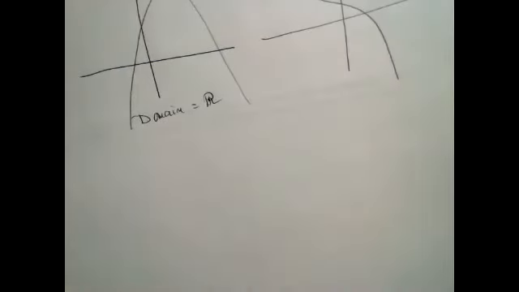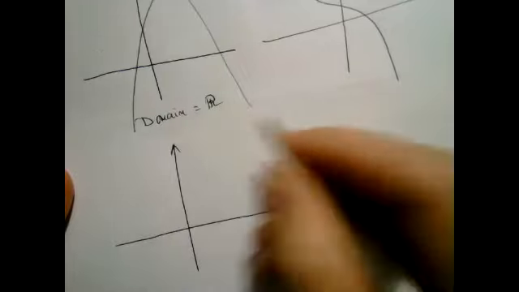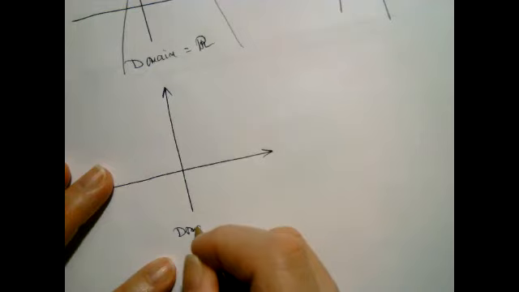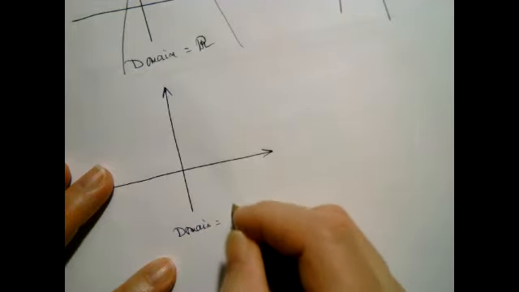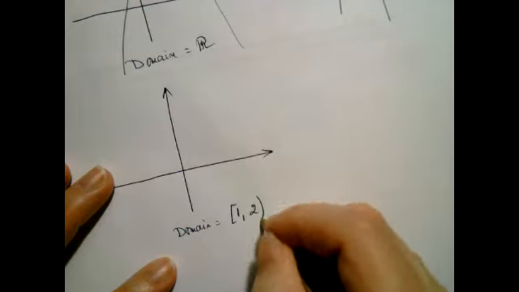Now, suppose I ask you the following question. Suppose I want the domain not to be all the numbers. Suppose I want the domain to be closed at 1 and open at 2.